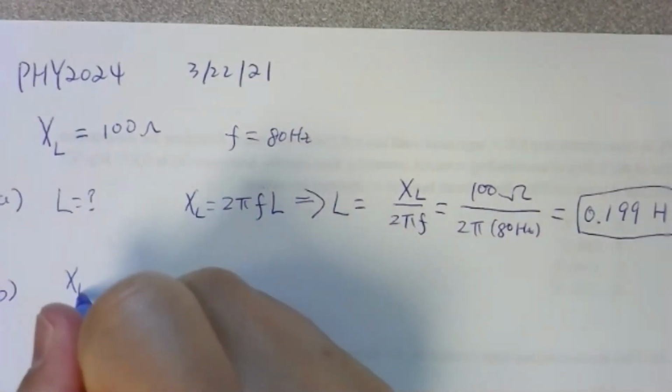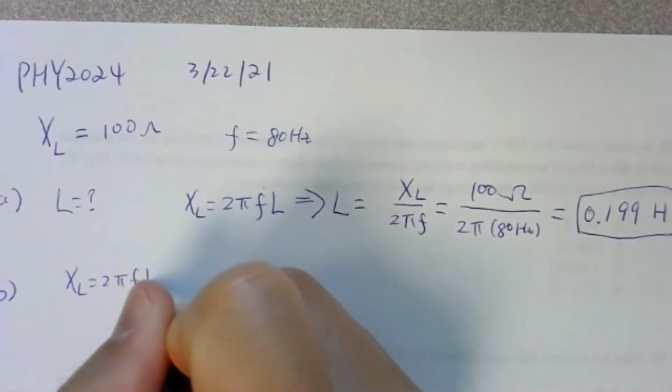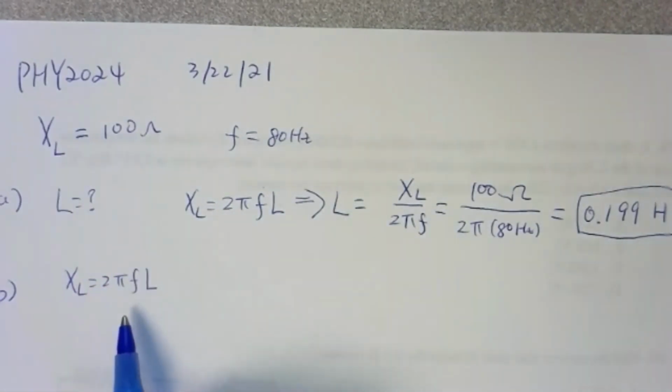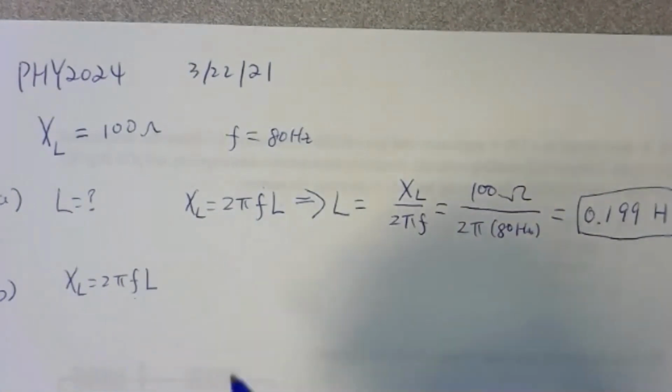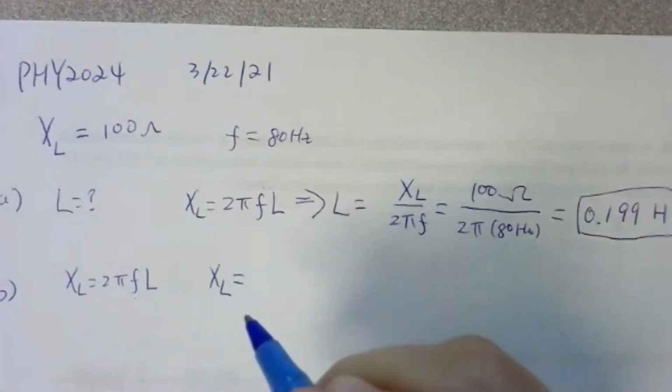So XL is equal to 2 pi F times L. This time your frequency doubles, because 160 is twice 80, so your reactance will also double.